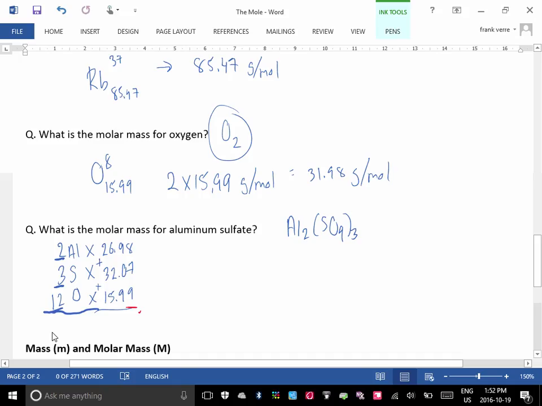So it's 2 times this, 3 times this, 12 times this. You can see it is 2 times 26.98, 3 times 32.07, and 12 times 15.99. So what's 2 times 26.98? 53.96. What's 3 times 32.07? And 12 times 15.99?